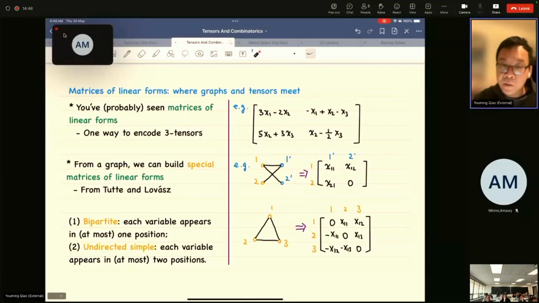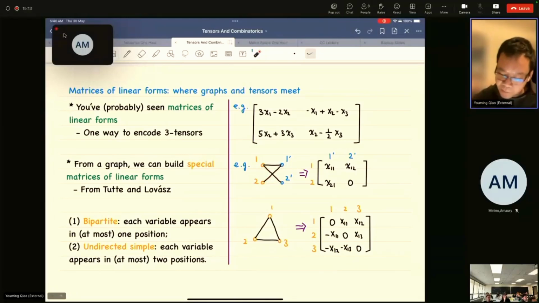And the edges will only go between the orange part and the blue part. I will label the vertices of the orange part by, say, 1, 2, 3, 4, and the vertices on the blue part by 1 prime, 2 prime, and so on, just to distinguish between left and right parts. And then you see that there are 3 edges.